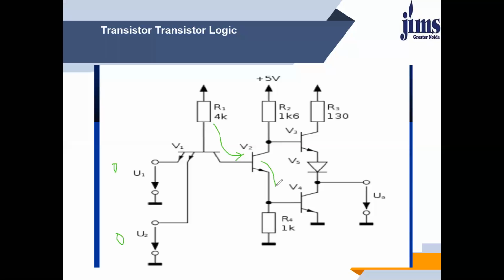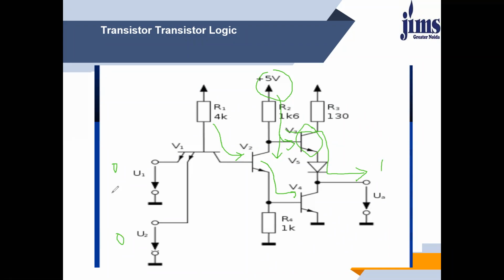Current will flow from this to this side, and the 5 volt supply gives a current, so this transistor will get on. If this transistor gets on, then current flows from this to this. So output will be 1.